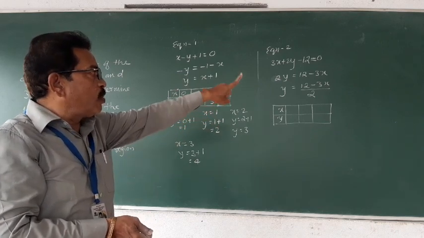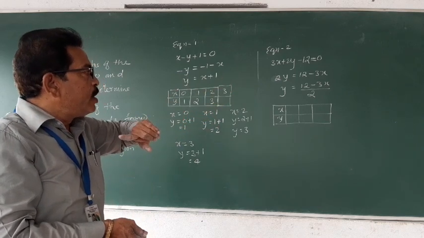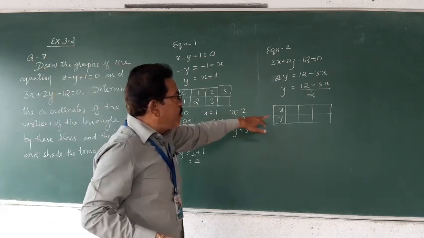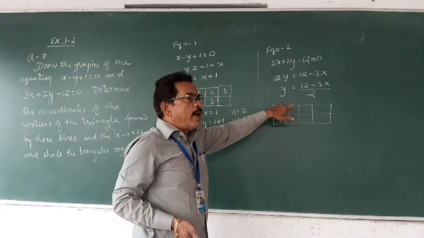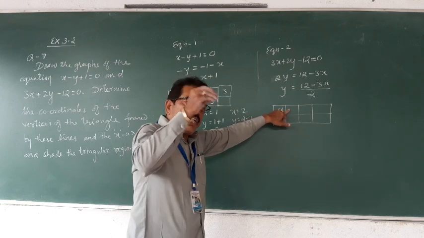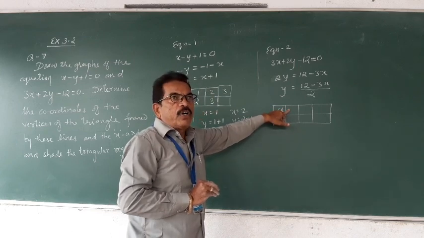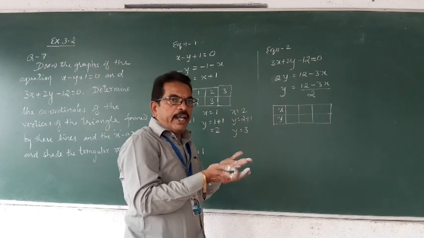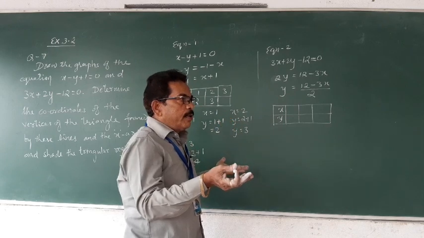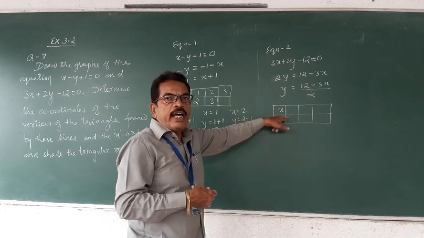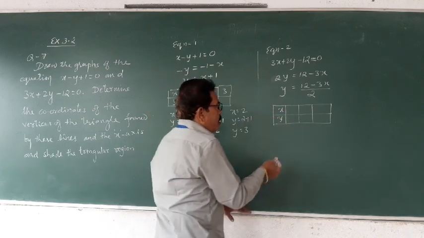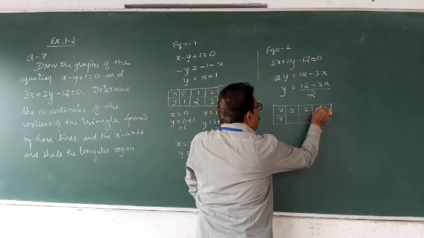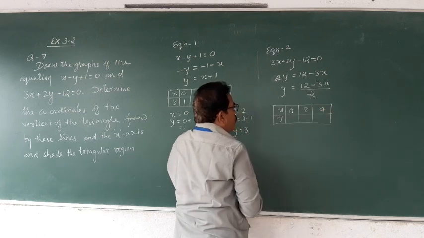You can take whatever values you need, but those values should be representable on the graph itself. Don't take bigger values of x. Let us take 0 to 4.